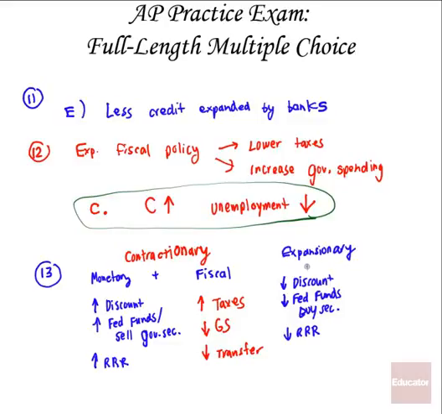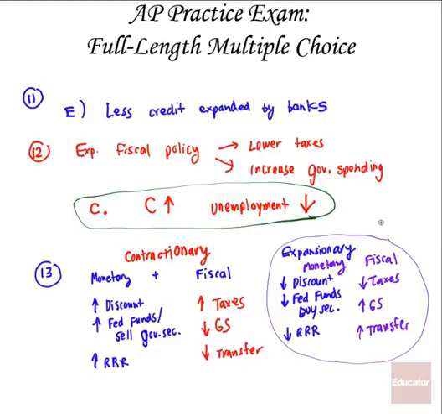So expansionary, this is the monetary. And here's the fiscal. You lower taxes, you raise government spending, or you raise transfer payments. So any of these combinations is going to cure a recession, or this is a standard way that the government is going to attack a bad economy.